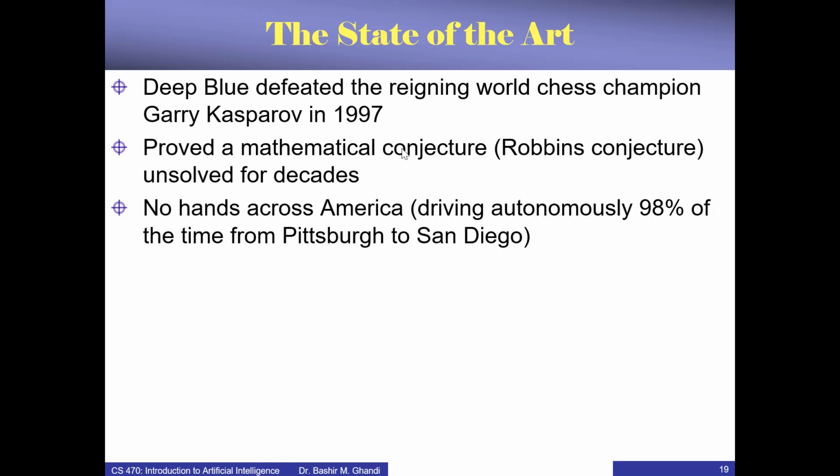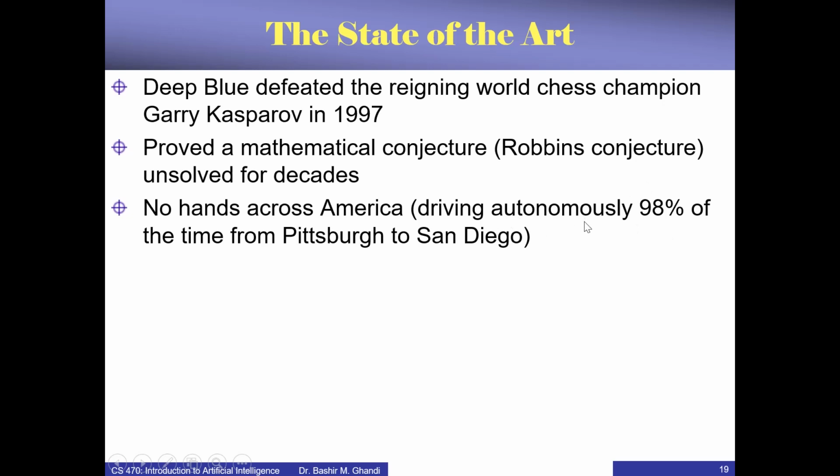Another event that happened in the US was the No Hands Across America event, where a vehicle drove across the length of the US from Pittsburgh to San Diego, a distance of 2,850 miles, almost all of it on its own, autonomously.